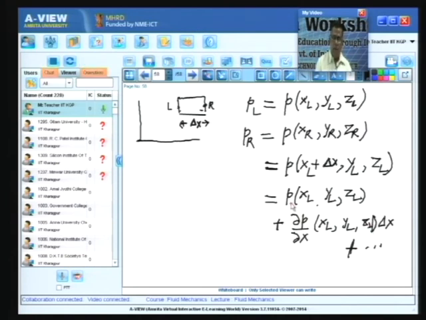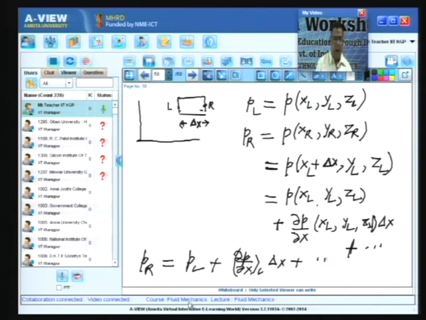Now, you will notice that this quantity here is your P L. So, essentially what we have is P R equal to P L plus del P del x at the point L into delta x plus higher order terms.